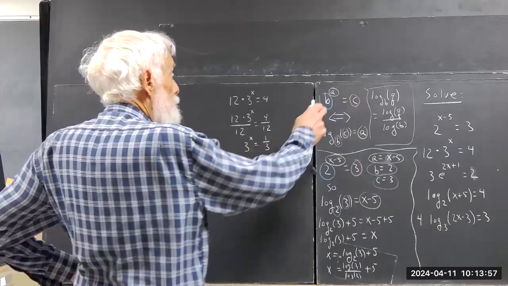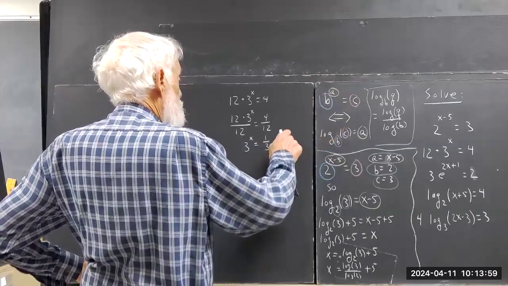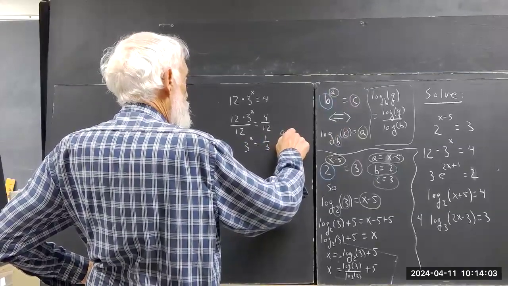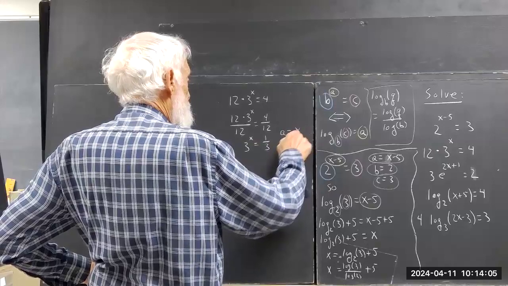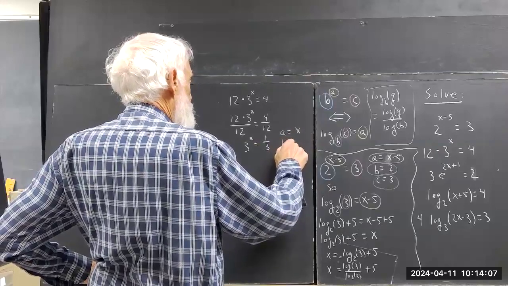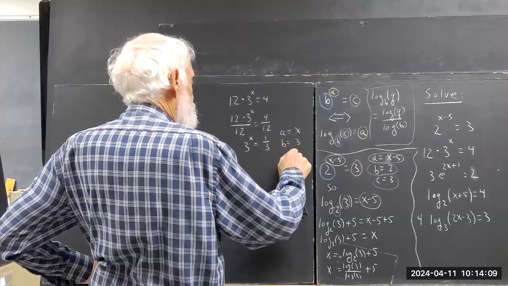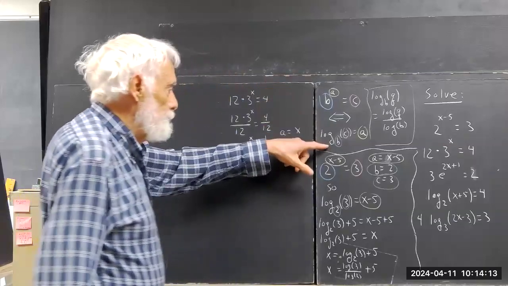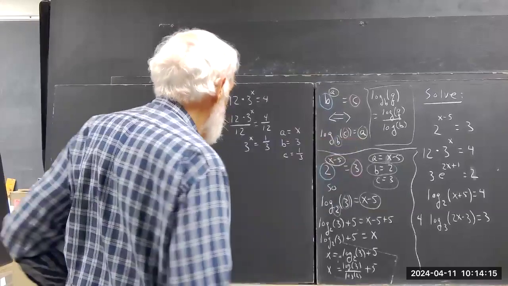This is now in this form with a equal to x, b equal to 3, and c equal to 1/3. So now we just look at this form.